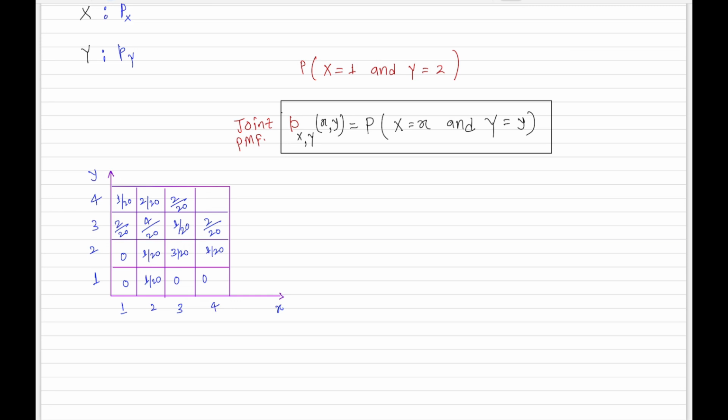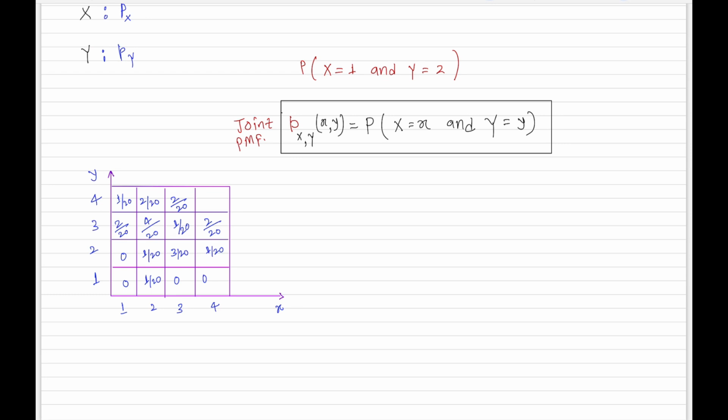Now let's assume that these random variables X and Y take values from some finite set. So we might have this kind of table for the joint PMF. If you look here, random variable X is taking the values 1, 2, 3, 4, and random variable Y is taking the values 1, 2, 3, 4, right?